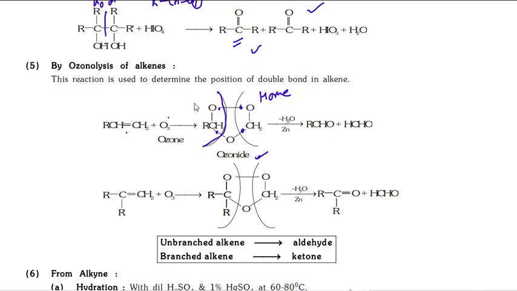But I will give you a very simple mechanism for ozonolysis. Just cut the double bond and put an oxygen. Now RCHO, what is the other one?